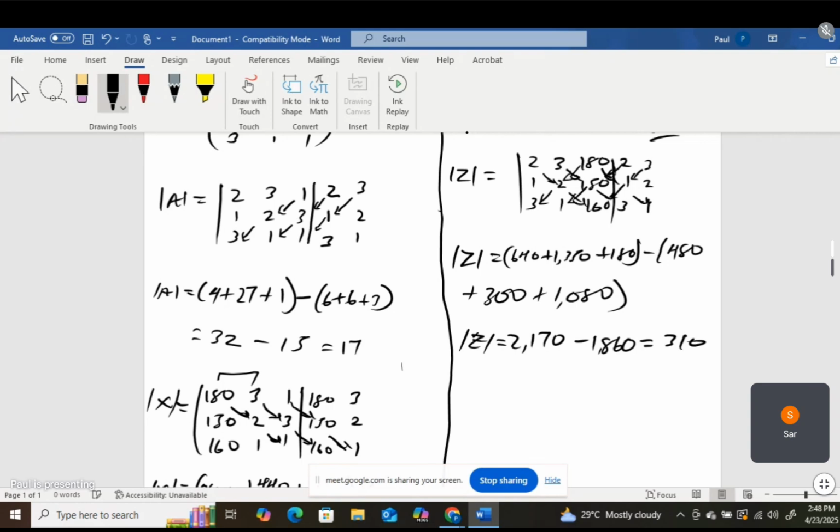Therefore, our z becomes the determinant of z all over the main matrix. So the determinant of z is 310 divided by 17, where 17 is the main matrix's determinant.